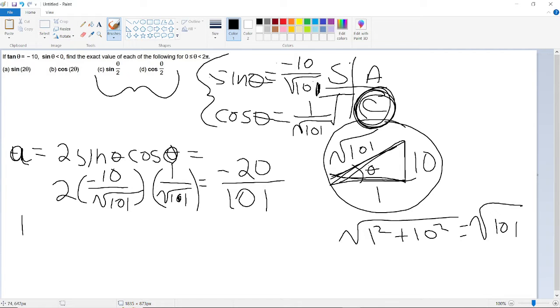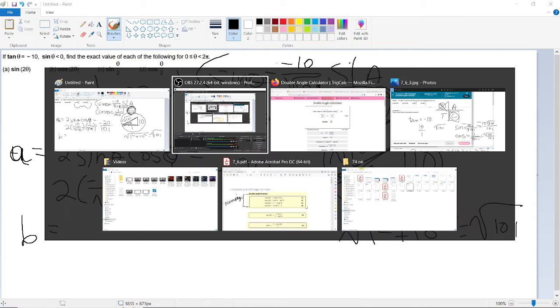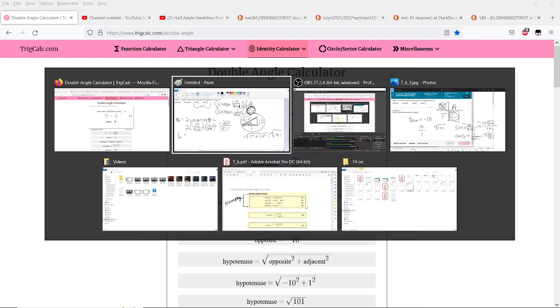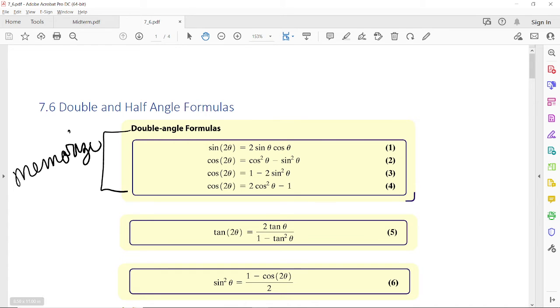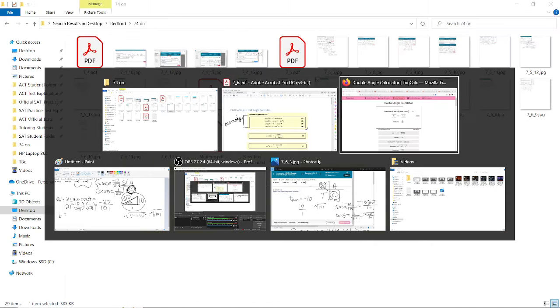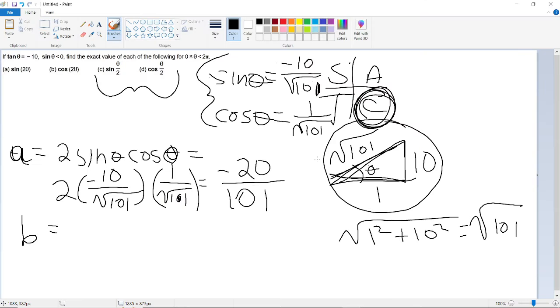All right, here's B. Cosine of 2 theta. I've forgotten what the formula is, so I will look here. Well, we can use any one of these. I'll use one, and then you can use the other ones to prove to yourself that they will all work. 1 minus 2 sine squared theta. That's the one we'll use.